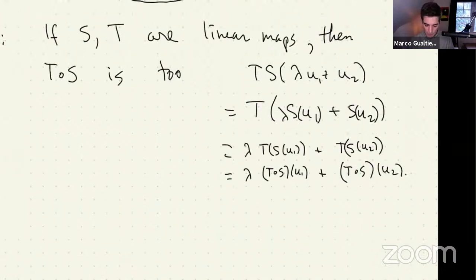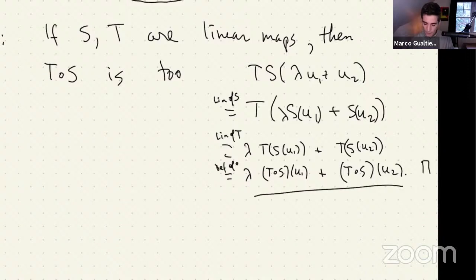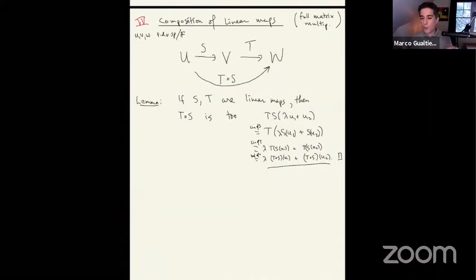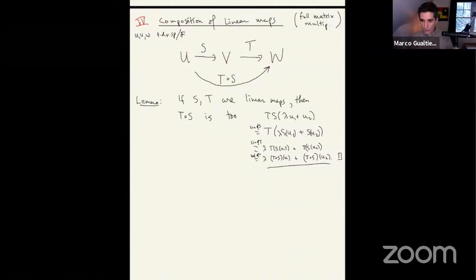So here I'm using linearity of S. Here I'm using linearity of T. And here I'm using the definition of composition. So we see that if you have two linear maps, their composite is linear.